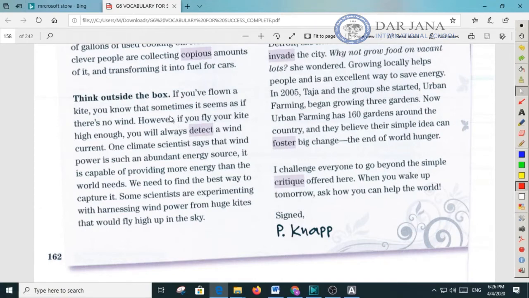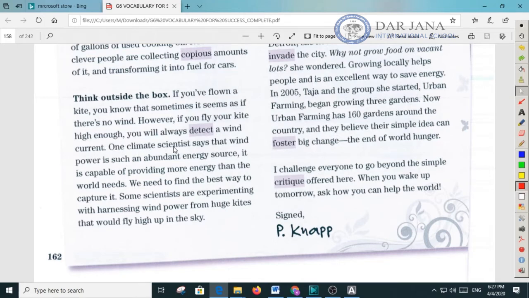Here we have say, if you fly it high enough, so if it's flown low, you will not find anything. There will not be any air, any breeze to move the kite. And here it says, however, if you fly your kite high enough, you will always detect a wind current. So we can say detect means to find, based on what the context clues are indicating here.